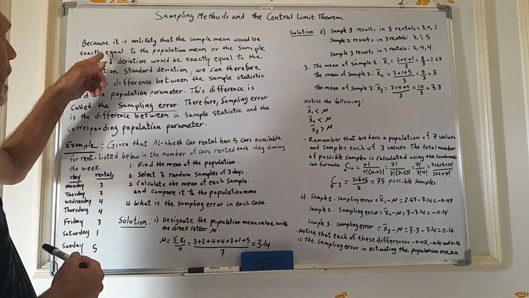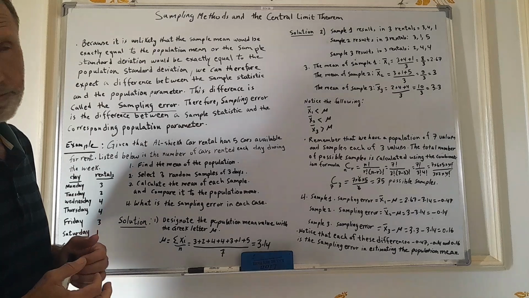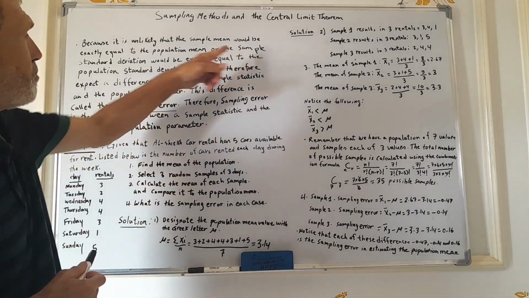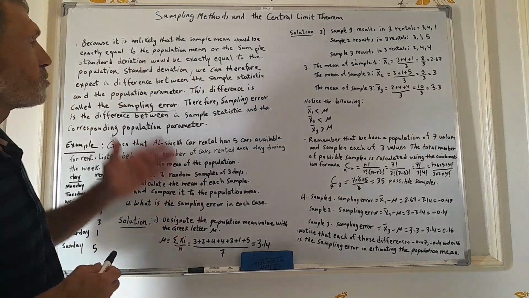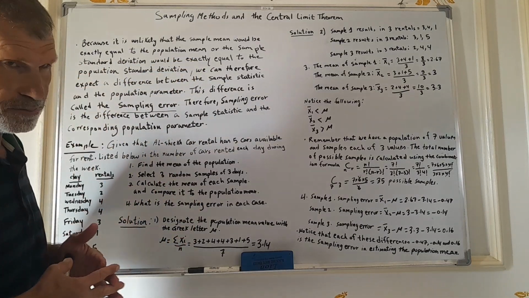would be exactly equal to the population mean, or the sample standard deviation would be exactly equal to the population standard deviation.